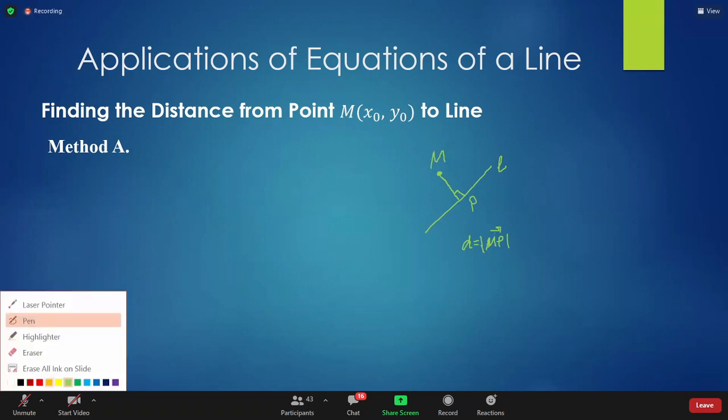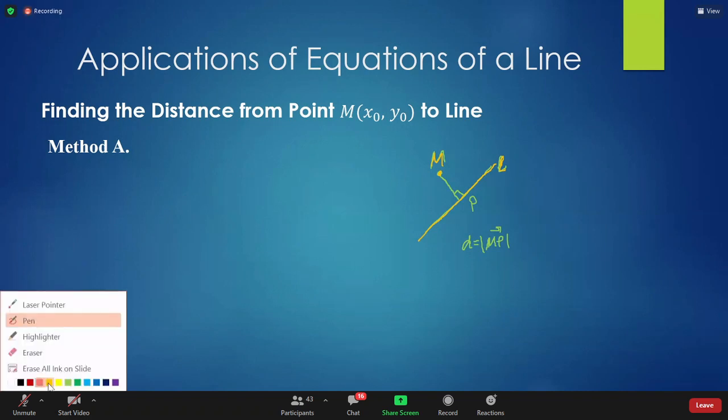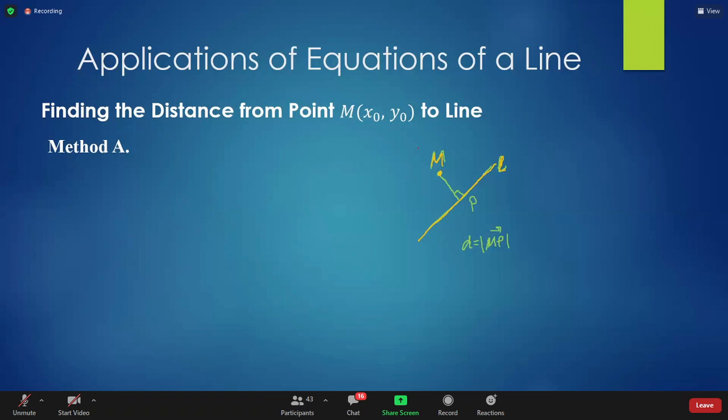Supposing we have the equation of the line and the coordinates of the point. To find this distance, first of all, we need to find the point P. We draw a line through M perpendicular to the line L, so find the equation of the line through the given point perpendicular to the given line.